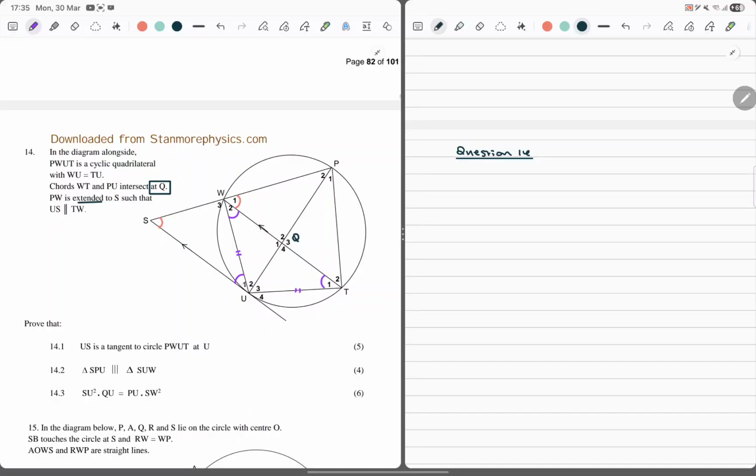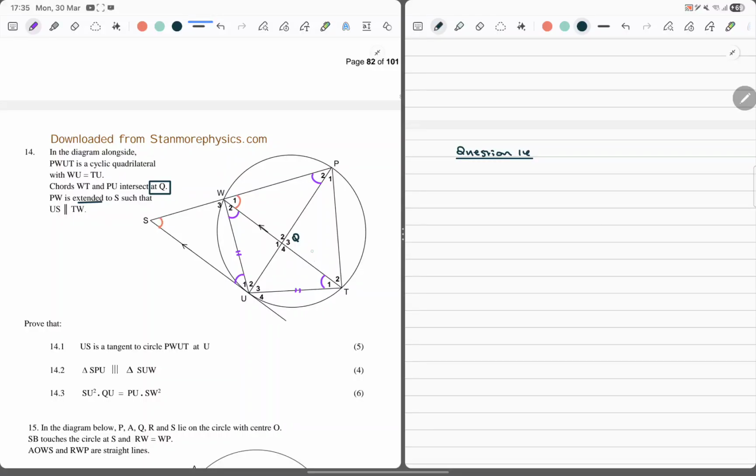Now we can see that if U1 is equal to T1, then this means this SU must be the tangent. It's not given, but we can already prove an issue about tangency. And then, of course, there are lots of angles that one can say are equal. T1 should also be equal to P2.